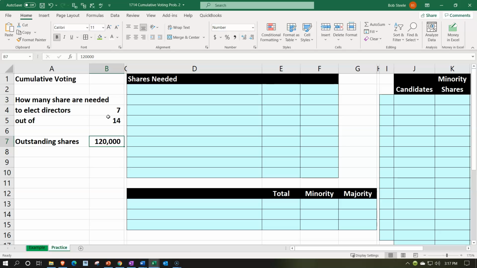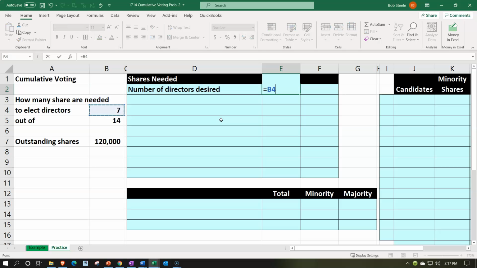Typically, we take that 120 and multiply it times 14, and that's how many shares have voting power. Instead of making each individual vote on each placement of the 14 people, we allow them to concentrate their shares, and that's what cumulative voting does in a nutshell. In the shell of a nut, it fits. If you want to fit it into the shell of a nut, like a big nut, like a walnut, maybe, there you go.